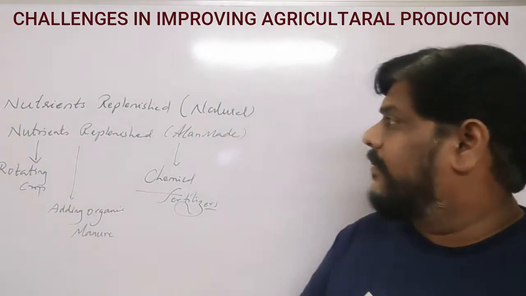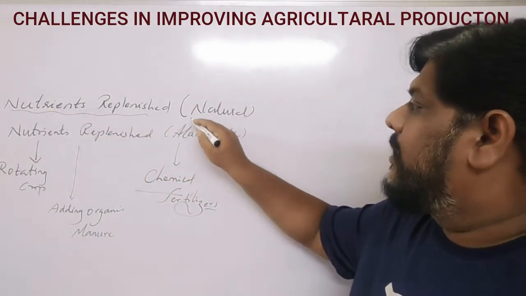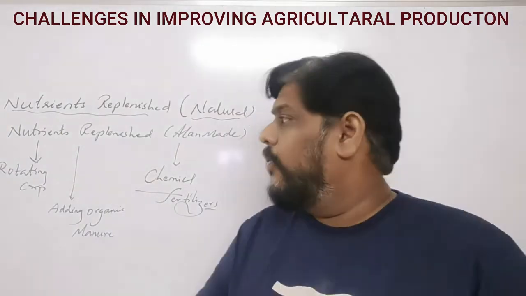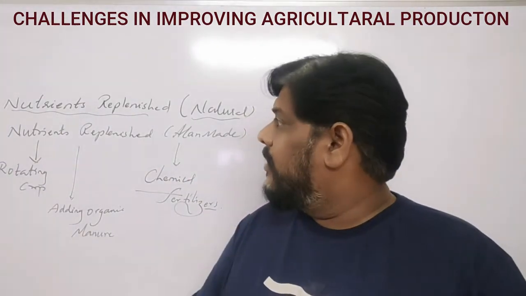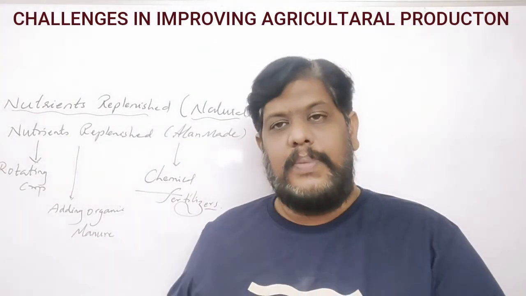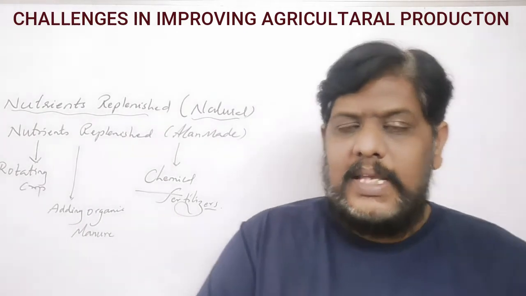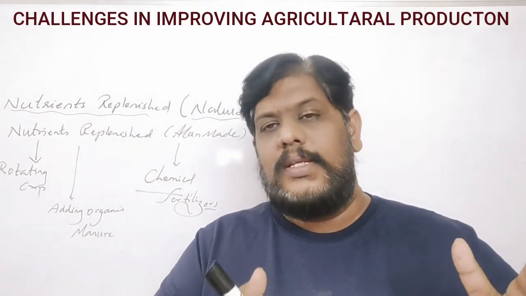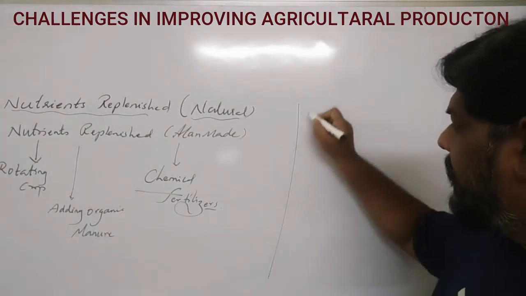There are natural methods for that, and also some man-made efforts. How will the nutrients get renewed again? For example, a plant dies naturally. Just assume this is a plant.